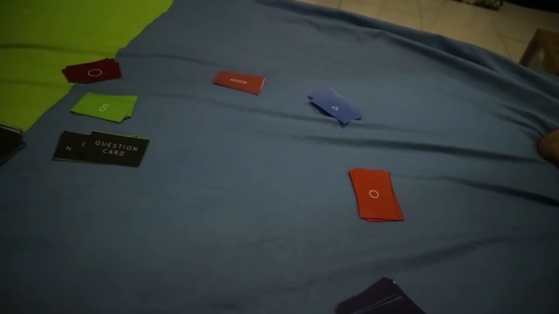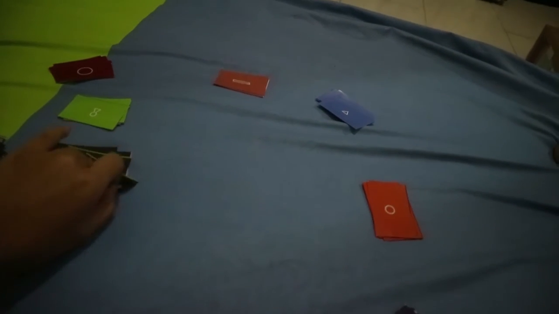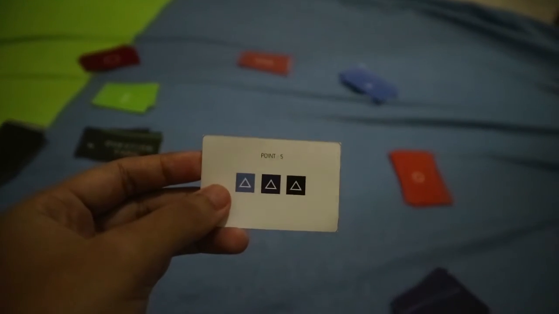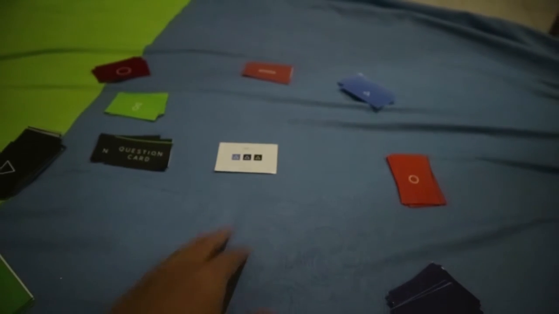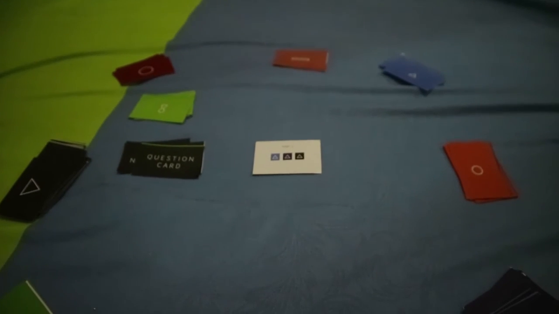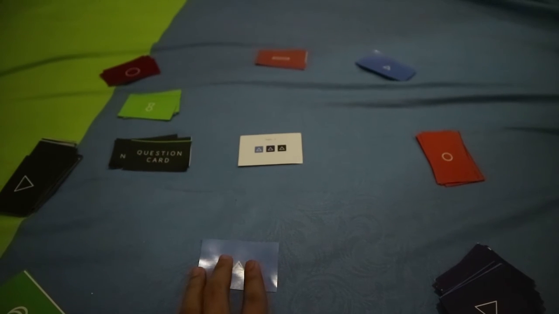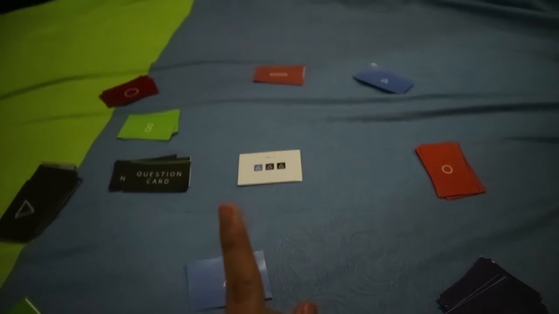And then next, the question is, an article, adjective, and a noun. Let's start. Okay, since I don't have any article, I will choose one article. I will draw one card. So in every round, you are only allowed to draw one card, only if you don't have that card.